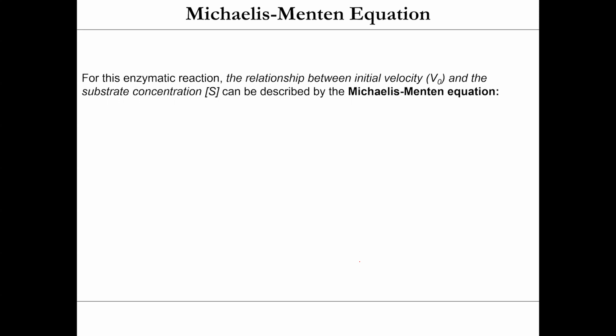So just to reorient ourselves, we have an equation where enzyme plus substrate is converted to an enzyme substrate complex in a reversible reaction with K1 as the forward rate constant and K-1 as the reverse rate constant. And then that enzyme substrate complex is going to get converted into enzyme plus product with a rate constant of K2.